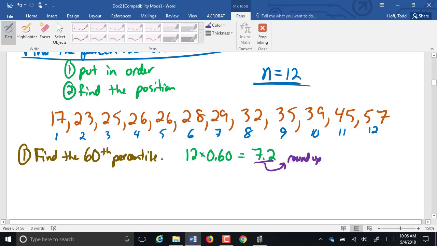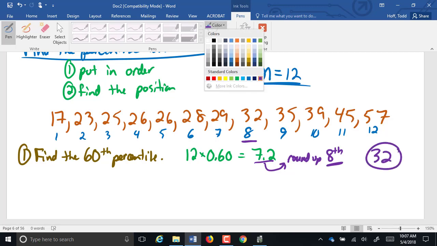Even though it's only 7.2, we still round up to the eighth, because you have to count the numbers that are smaller than it. If we round it down, it wouldn't be smaller than that number anymore. So the eighth number in the list is the 60th percentile. So 32 is the 60th percentile of that set of numbers.